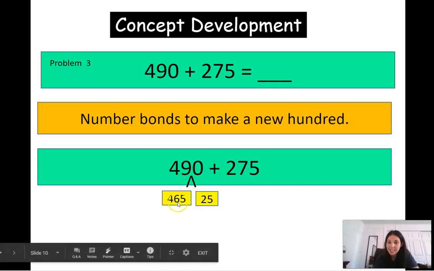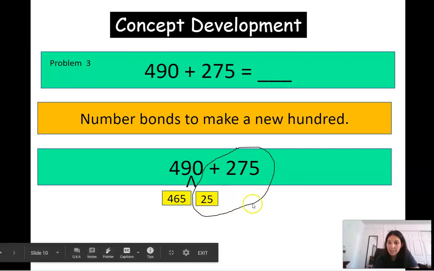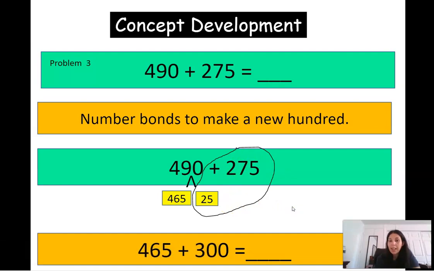We're left with 65. Now, this 25 is going to come here with the 275, and that gives us 300. So now we're going to add 465 plus 300. And that's going to give us 765.